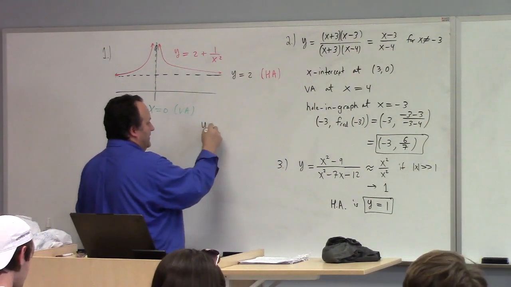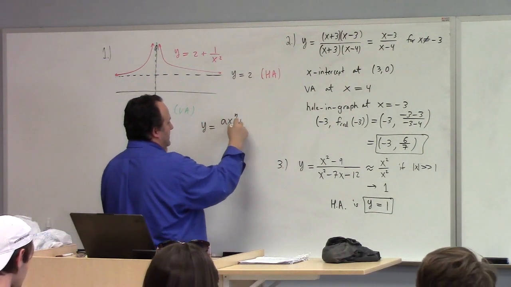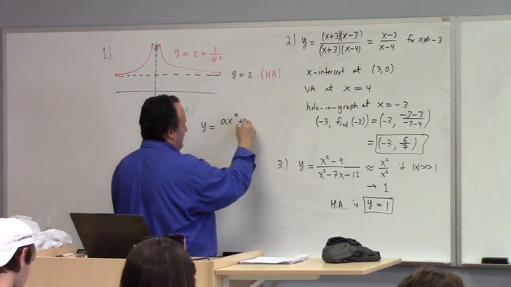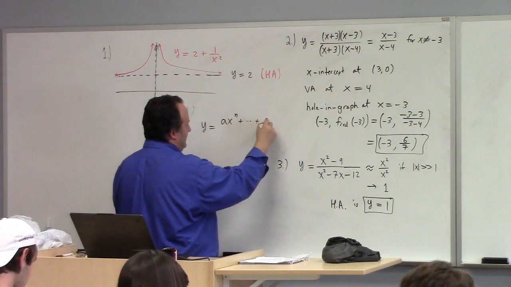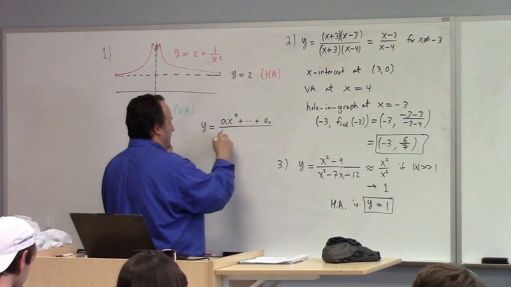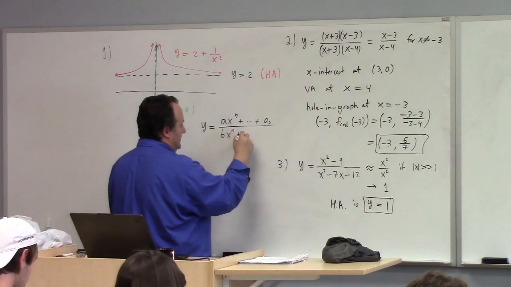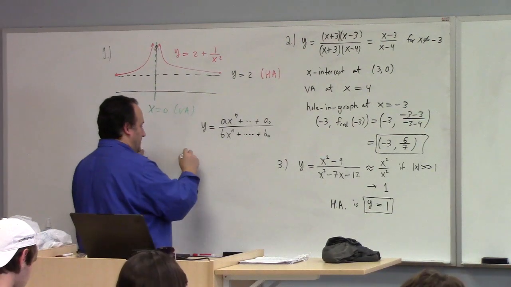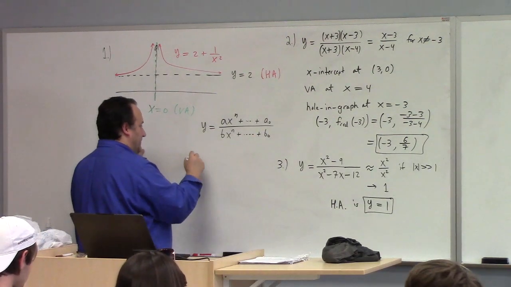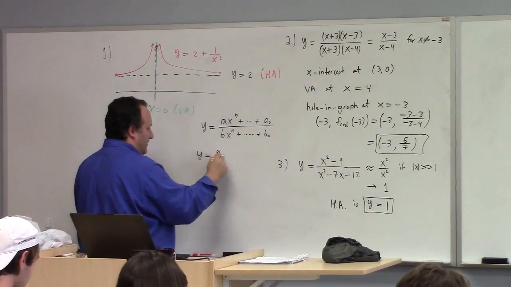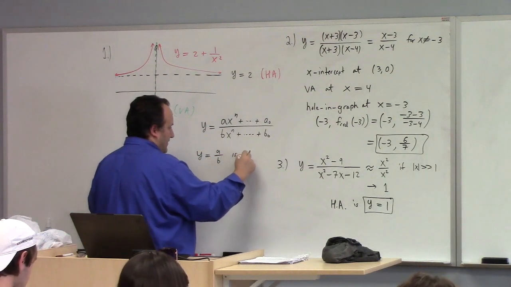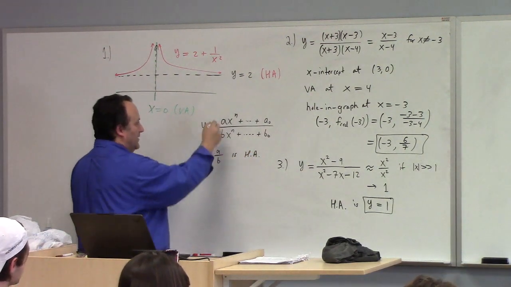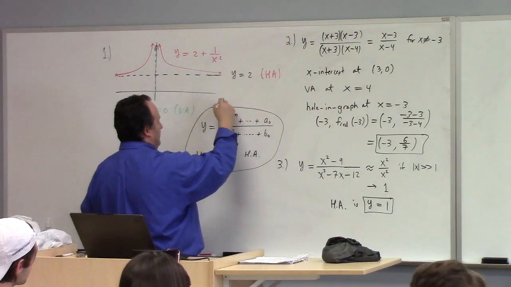If we have y equal to a x to the n plus dot dot dot plus a0, over b x to the n plus lower order stuff, then y equals a over b is the horizontal asymptote for this. So this is just a fun fact, all right?